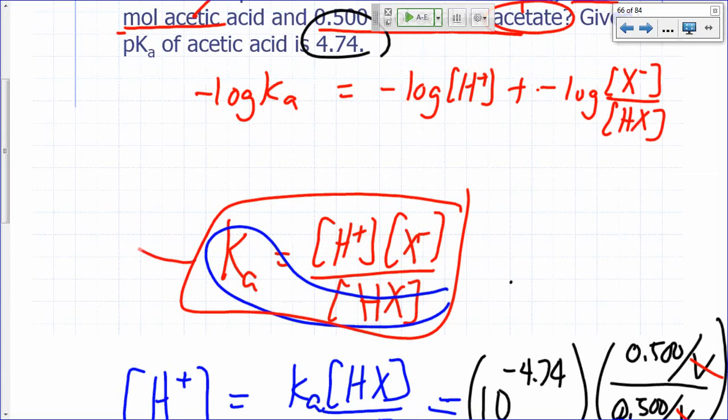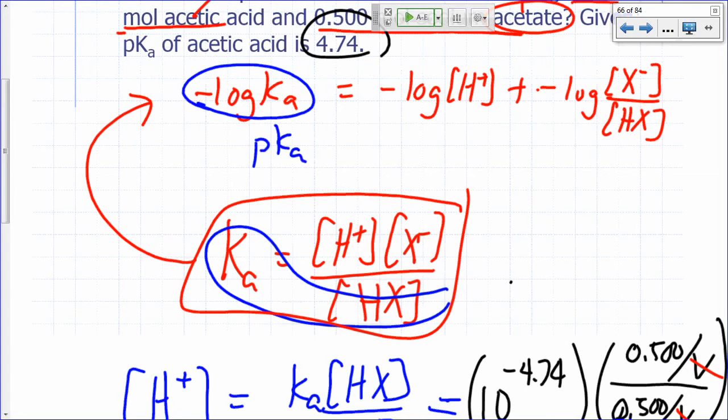So I'm just taking the log of this expression down here. But what is negative log of Ka? That's pKa. So that's equal to negative log of H plus, which is pH, minus log of base over acid.